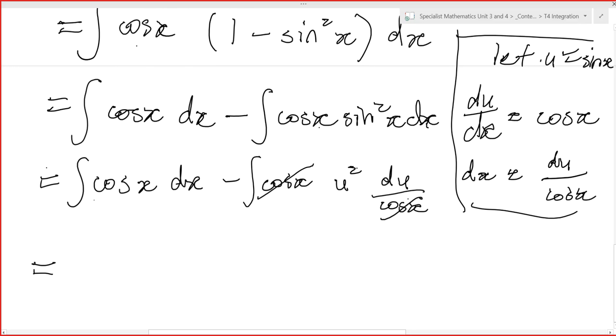Okay, hopefully that makes sense. So the integral of cos x is sine x minus the integral of u squared, which is u cubed divided by 3, plus c.